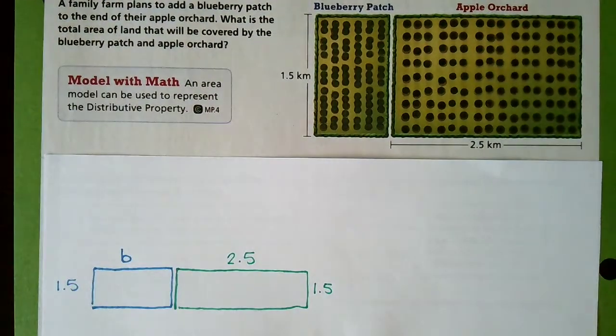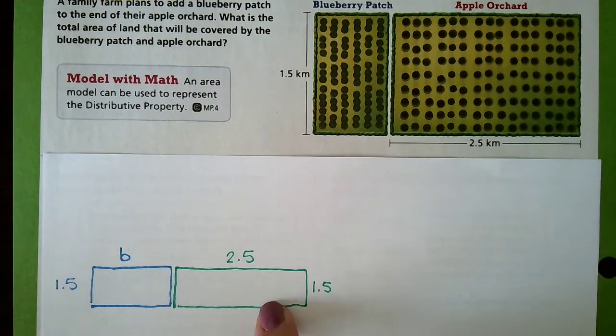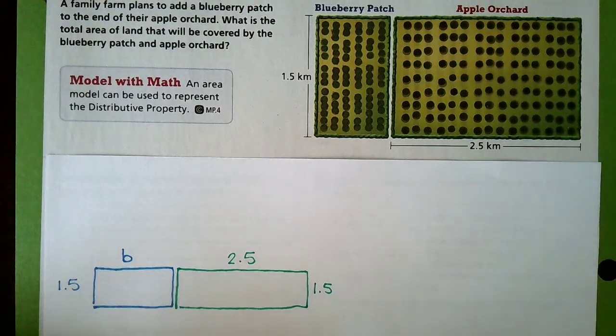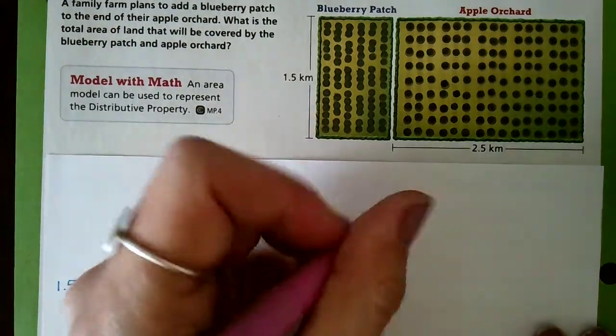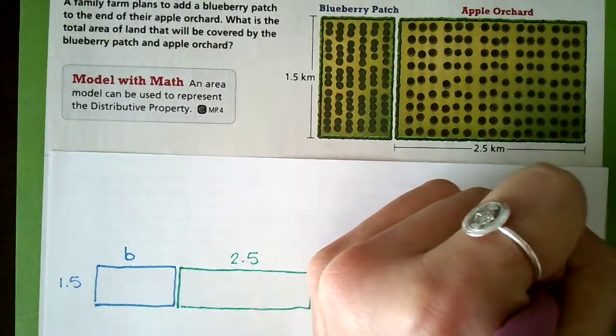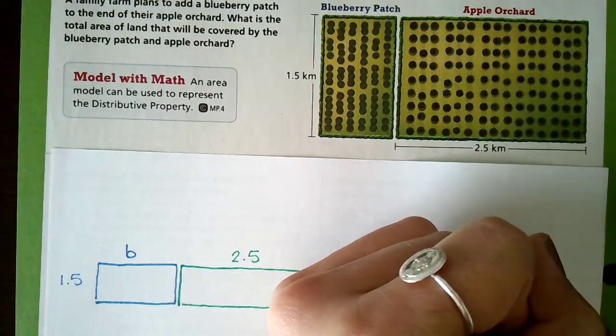Either I could figure out what's the area of the blueberry patch and what's the area of the apple orchard, and then together know, or I can find what the total area is. Or I can draw a diagram that just represents all this land that I have for my produce.